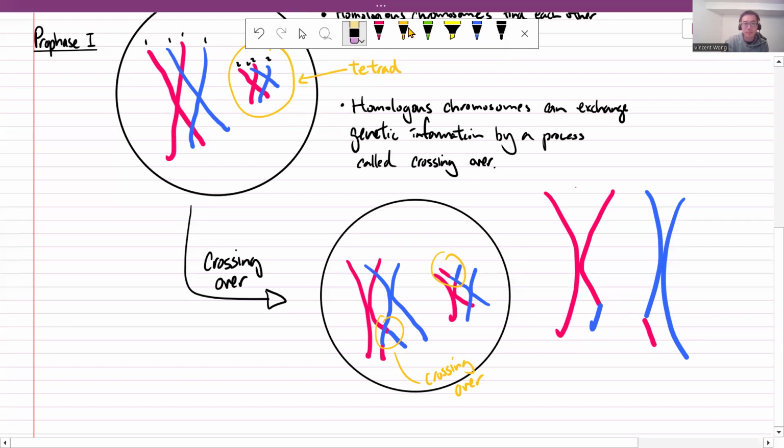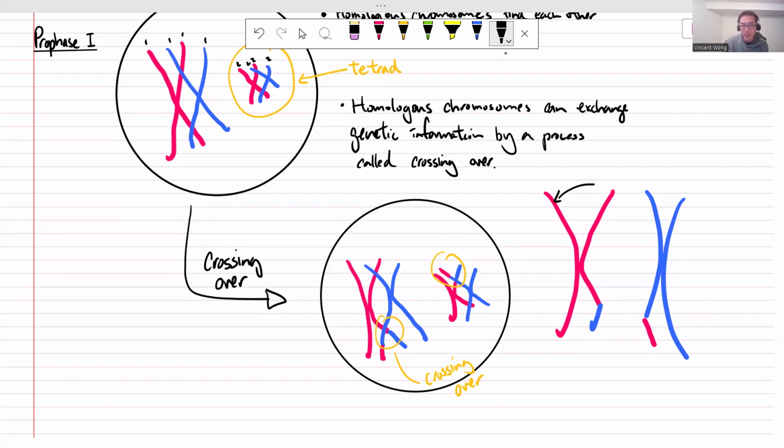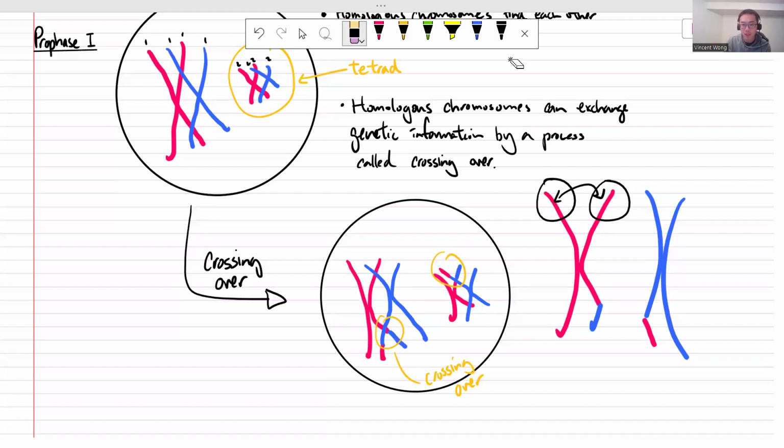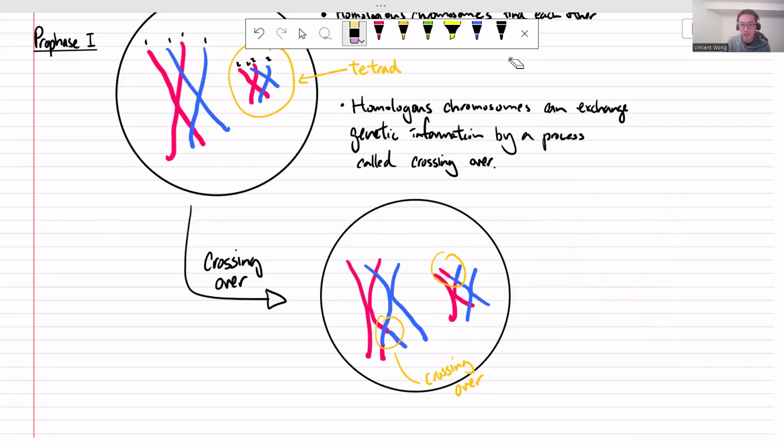So listen, there is no point exchanging genetic material from here and here, because those are sister chromatids. They are identical. So even if you switch them, it doesn't do anything. So I'm just going to explain that to you right here.